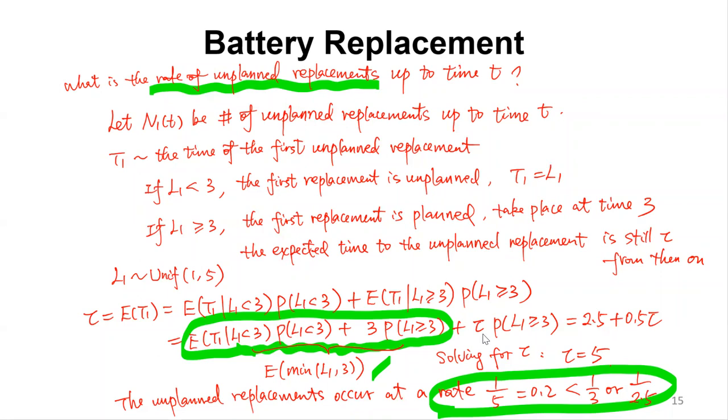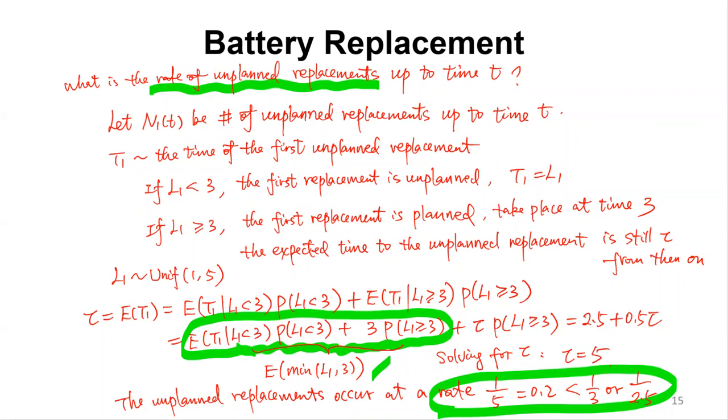In the previous lecture, we talked about conditioning on the first one being unplanned, and then you get the expectation, and conditioning on the first one being planned, and then you continue to go forward. This is still tau to the next unplanned. So this is 3 plus tau, times the probability L1 greater than 3. So this will become 2.5, because this is actually the expectation of the minimum of L1 and 3. So this is 2.5 plus 0.5 tau, and we solve for tau equals 5.